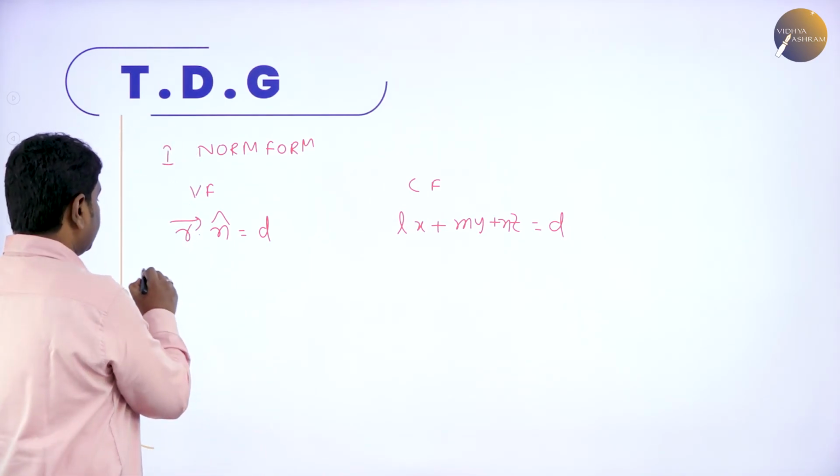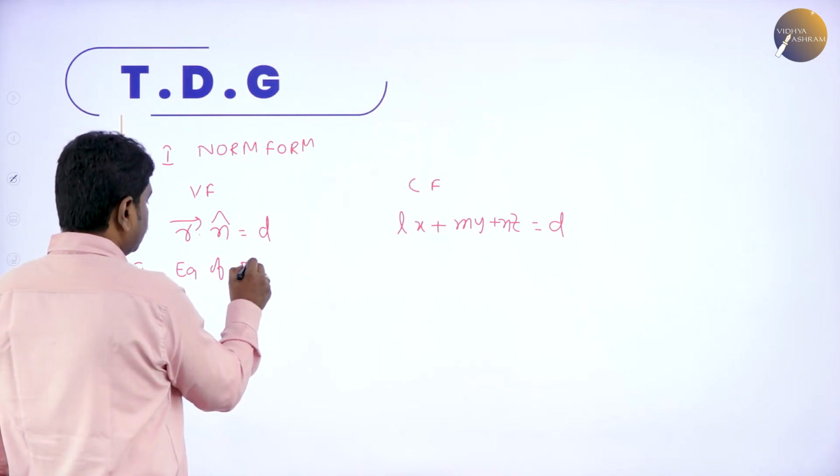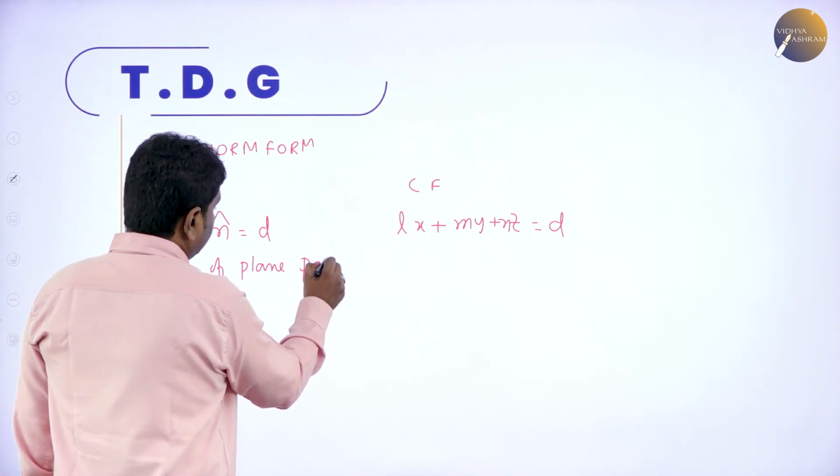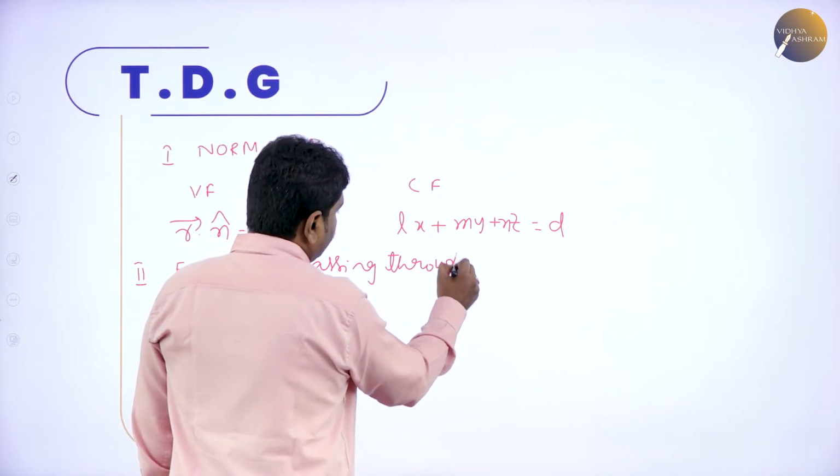And then we have the second form, that is equation of plane passing through a point and perpendicular to a vector. Today we have done this.